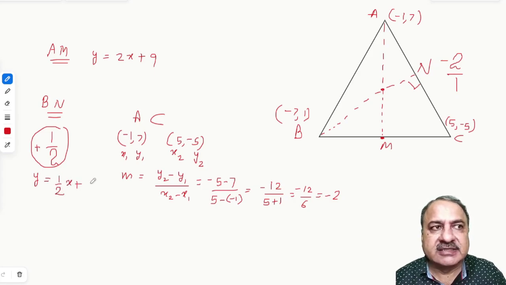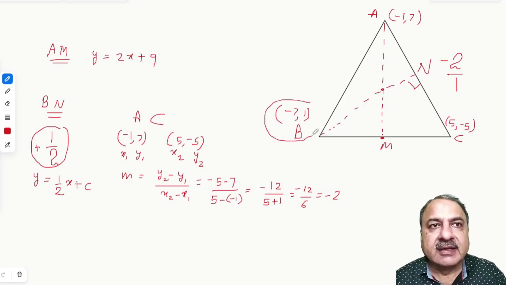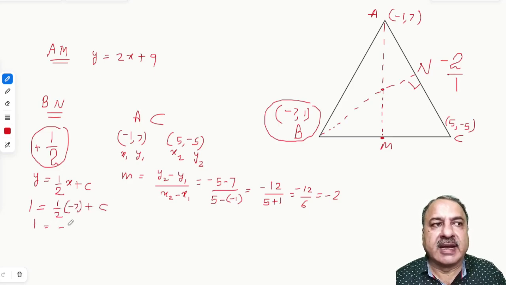Now we will find the value of c. We will plug in the coordinates of B, (-7, 1). x is -7, y is 1. So 1 equal to 1 by 2 into -7 plus c, which is -7 by 2 plus c.